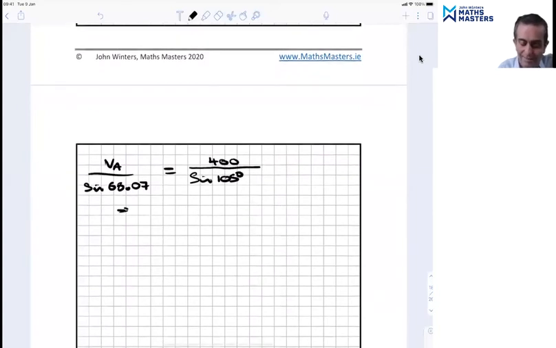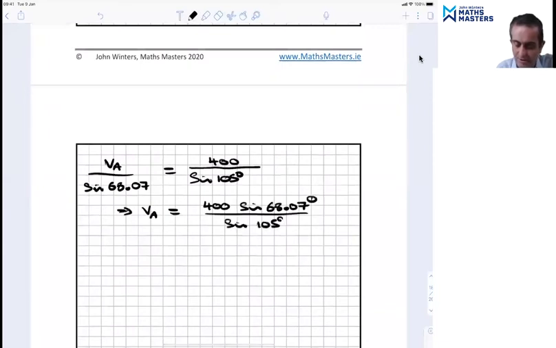Remember, VA with an arrow on top means the vector, the actual vector velocity of the aircraft. VA with no arrow on top means the size of the velocity, in other words, the speed of the aircraft. So that's 400 multiplied by the sine of 68.07 divided by the sine of 105 degrees.